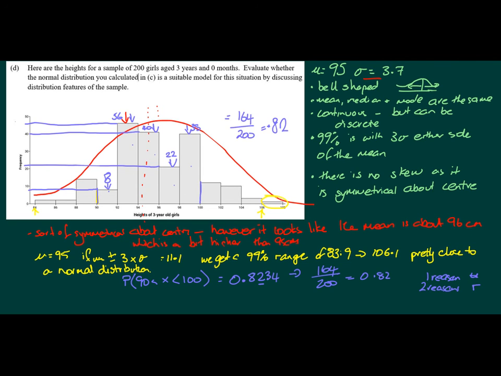Sometimes, if they'd given a third reason, some papers might have got you to excellence. But if you can give two reasons plus some justification, either some information based on this list up here, or some calculations like I've done down here, that's enough for this question.